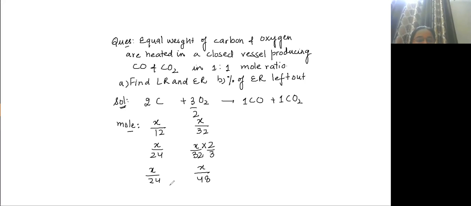This is x by 24, this is x by 48. Correct. X by 48 is the smaller quantity. Greater the denominator, lesser will be the number. So O2 is LR, carbon is ER.